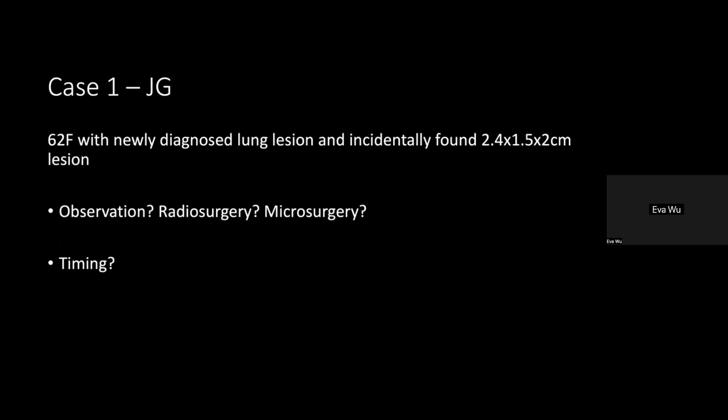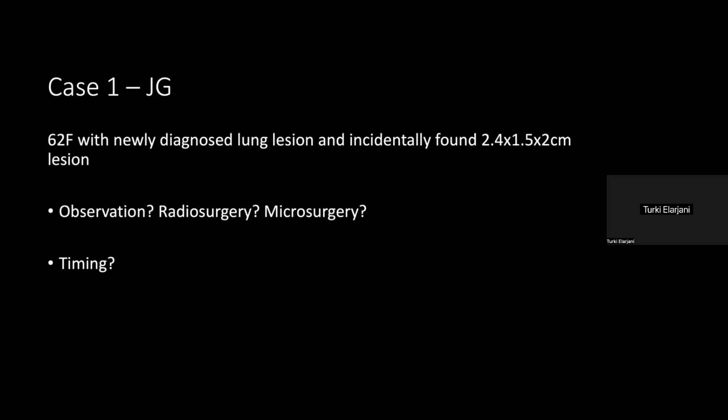And so now, you had this lady with what we think is an incidentally found, possible meningioma and a newly diagnosed lung lesion. What would you do with this patient? Would you just observe it? Would you go ahead and treat it with radiosurgery, microsurgery? What would you do? Yeah, so I would like to obtain at least a baseline hearing assessment.